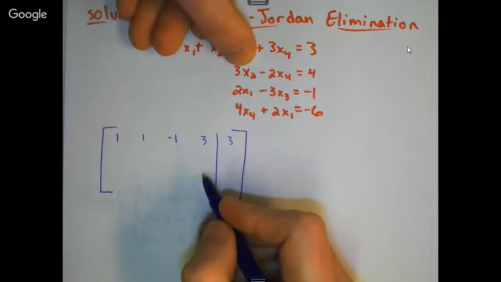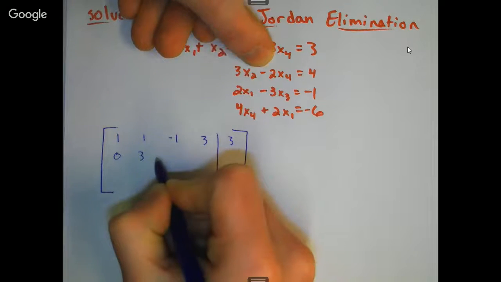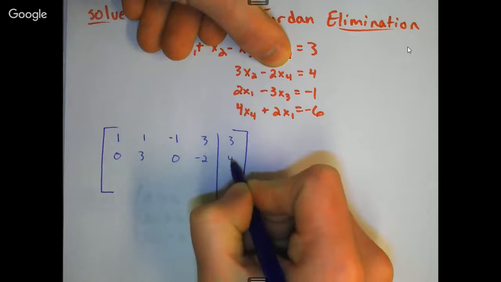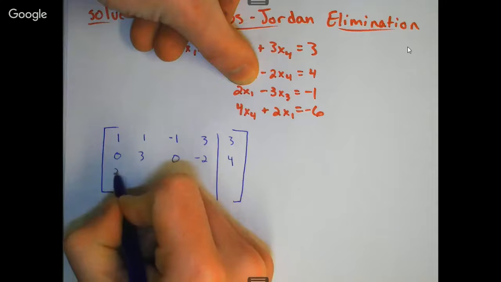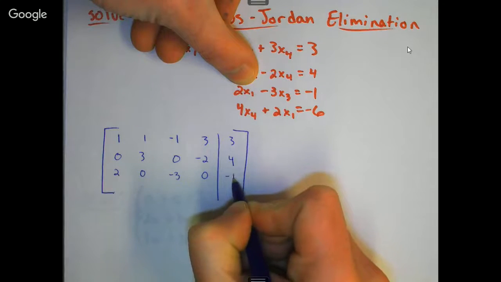So this one has 0x1s, 3x2s, 0x3s, negative 2x4, and 4. This has 2, 0, negative 3, 0, negative 1.